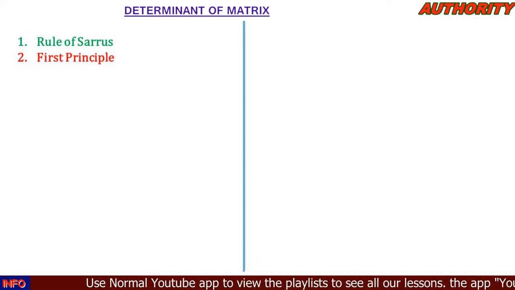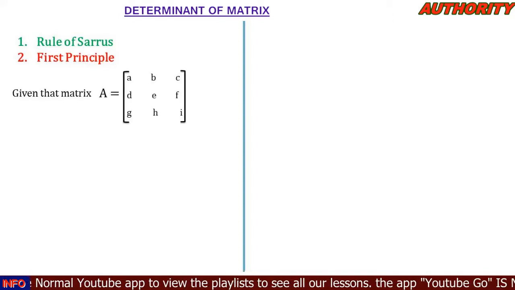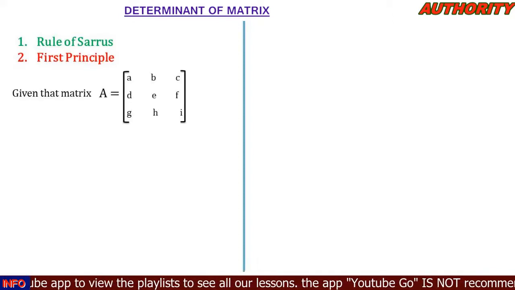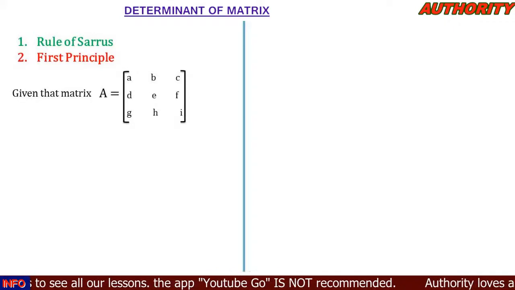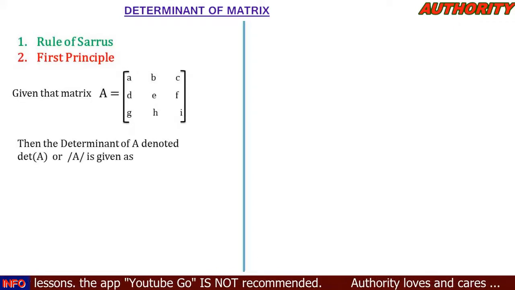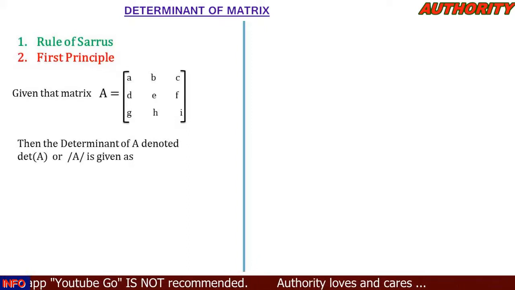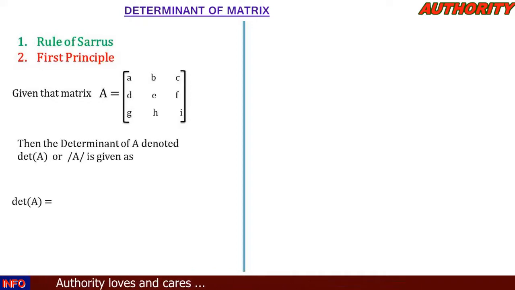Now let's take this. Given that matrix A, we have A, B, C, D, E, F, G, H, I. That is a 3 by 3 matrix. Then the determinant of matrix A, denoted as det A, is given as follows.